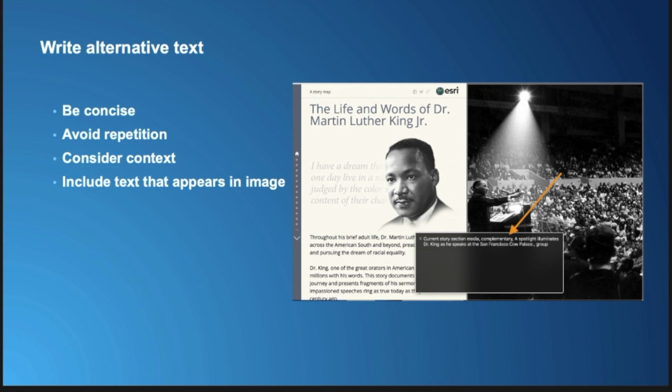But the information here on what alternative text is and how to write it is still really relevant, and it's some great information. So they have tips on being concise. You don't have to include phrases like "this is an image of" or "a table showing," because assistive technologies will announce the type of element that has focus, so they'll tell the reader that information. You just need to write good, concise, descriptive text.